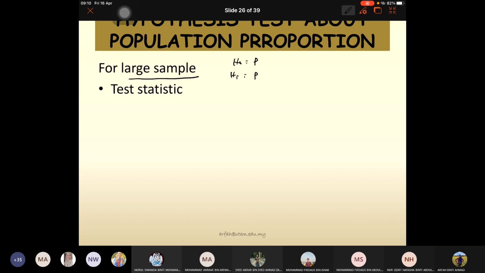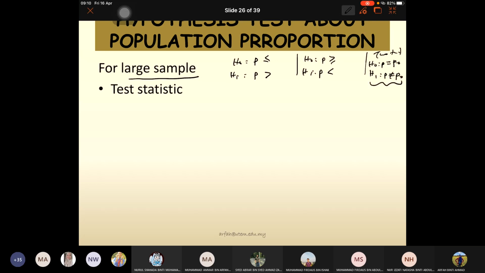Okay. And then P ada dia ada 3 case, one tail lebih besar, dia punya P head lebih besar, H1 lebih besar. Lagi satu another one tail belah kiri, P head lebih kecil. Okay, ni dia punya complement must be lebih kecil or equal. The complement P greater or equal. And lagi satu two tail, if you have H null, P equal to P naught, population P does not equal to P naught.